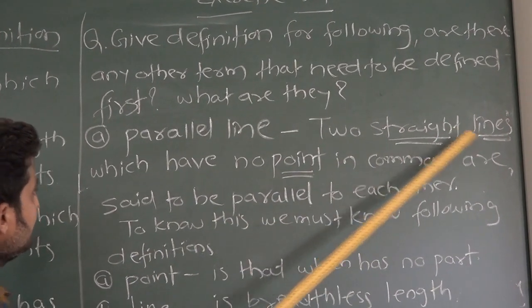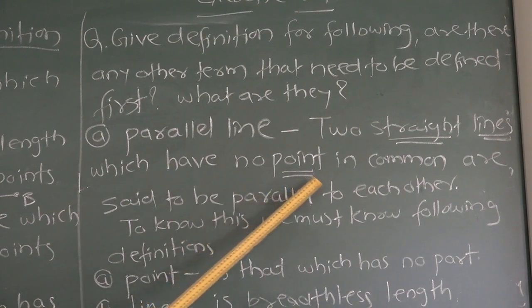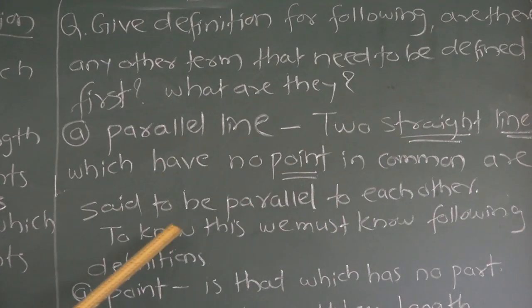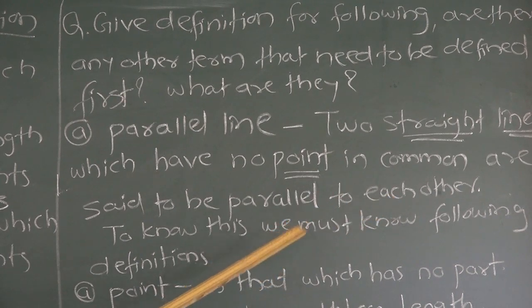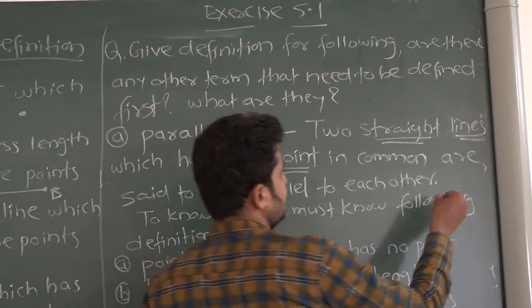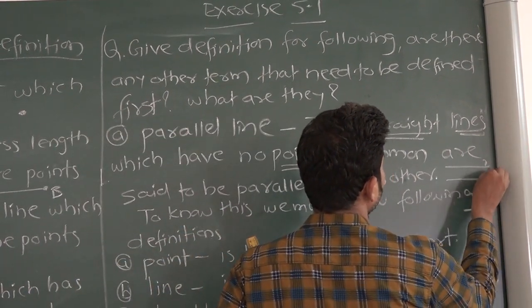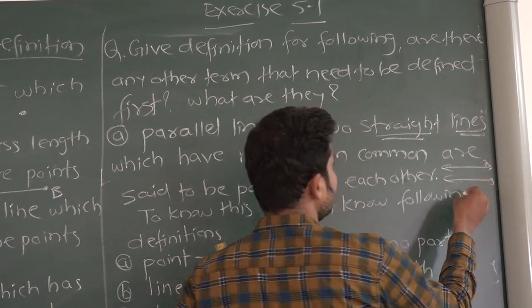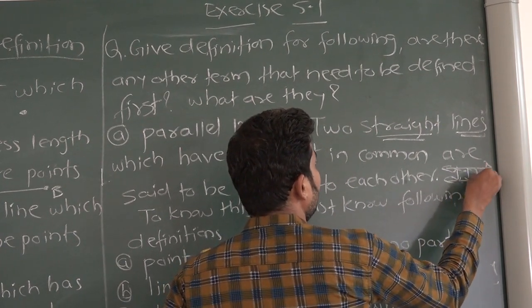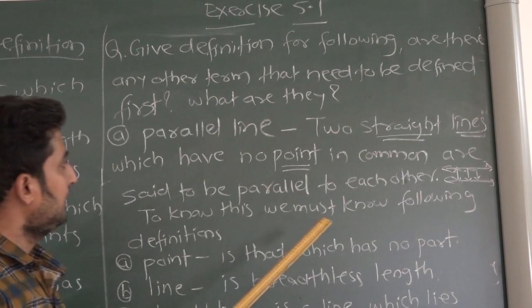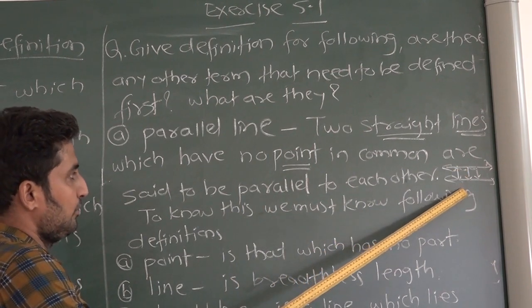The two straight lines which have no point in common are said to be parallel lines, and they are parallel to each other. If you draw two parallel lines here, you can observe carefully that these two lines are parallel.